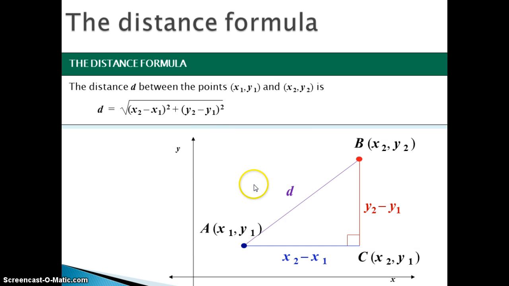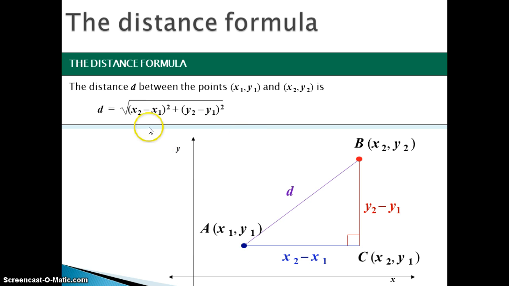And what I end up with is the distance formula. D, the distance between 2 points, x1, y1, and x2, y2, is given by this formula: x2 minus x1 quantity squared plus y2 minus y1 quantity squared, the square root of the whole quantity.